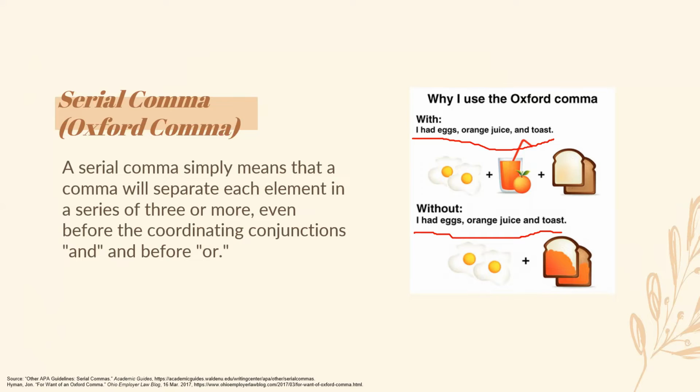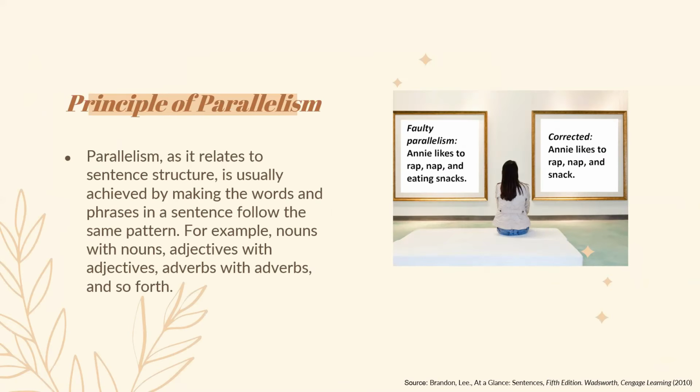It shows that the person had two eggs and a mixed orange juice with toast. Probably the reader will be confused and ask, why is this person having mixed orange juice and toast as a breakfast? So it is a bit unclear, right? That is why a serial comma is essential in parallelism, because by using the Oxford comma, it can make the sentence clearer. So this is the principle of parallelism.